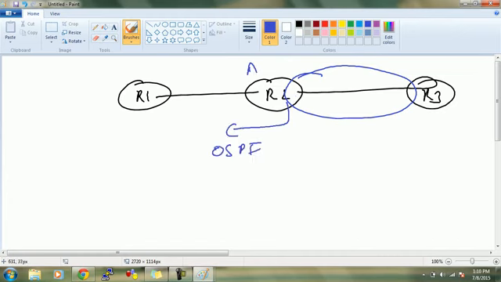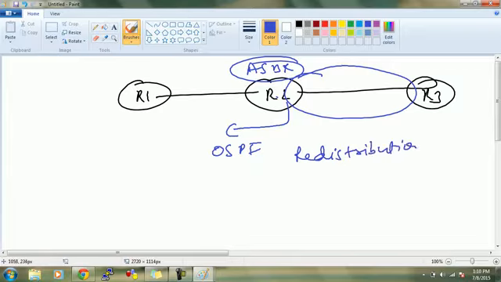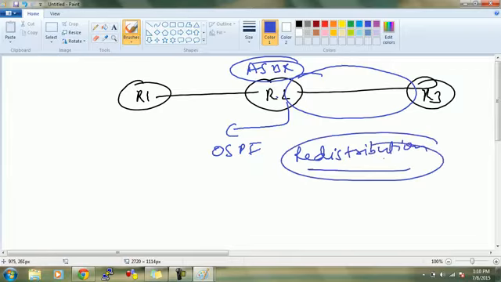ASBR। क्योंकि ASBR पे हम क्या परफॉर्म करेंगे? रीडिस्ट्रीब्यूशन। ठीक है जी, इतनी बात समझ में आई?